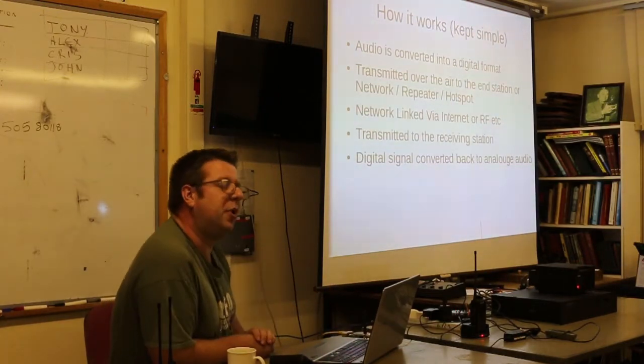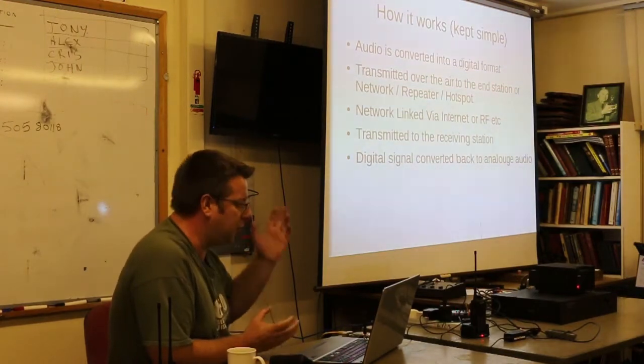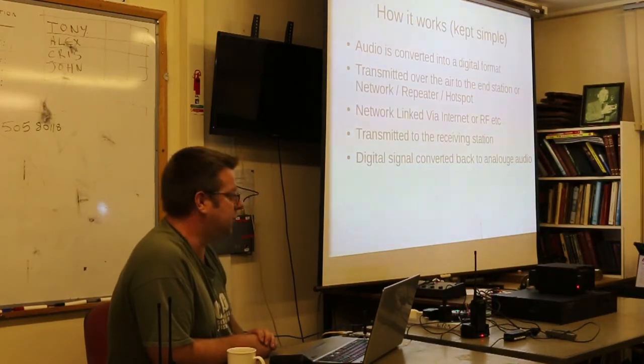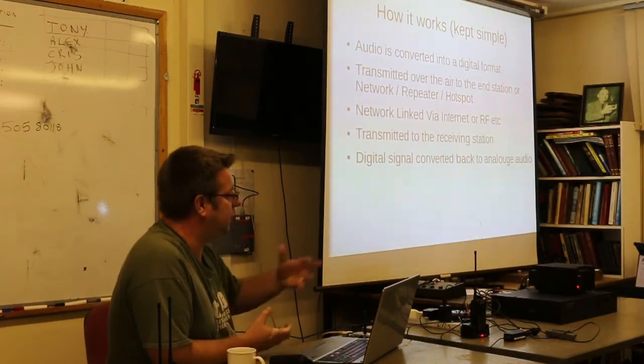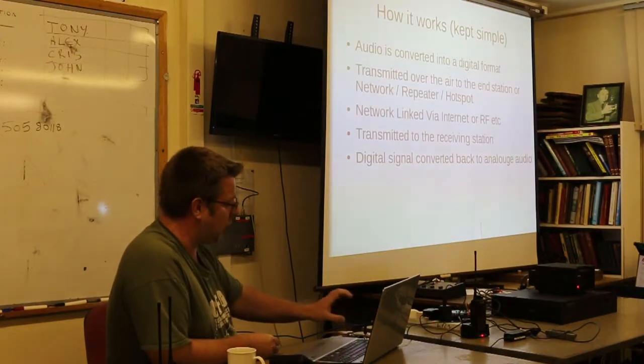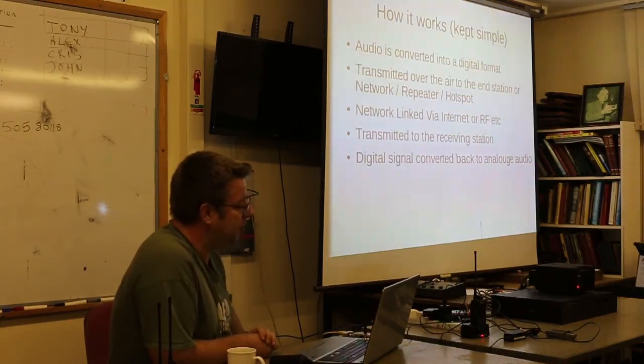You're transmitting to a repeater, which is the other end of the RF link, up at Markfield, Skeffington, or wherever you may be in the country, or a gateway, which is like a posher hotspot. You're talking a proper radio, but the same sort of principle, just scaled up.